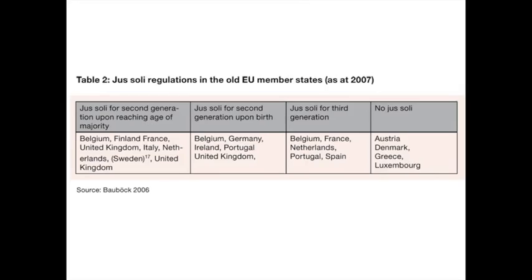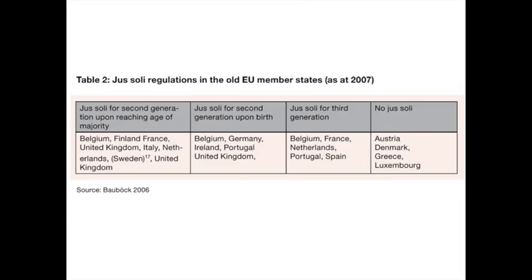In other words, if you have undocumented non-citizens or undocumented persons who give birth on French soil in the United Kingdom, their immediate children do not become citizens, but their children's children may become citizens. So it's a compromise between a pure jus soli rule and a pure jus sanguinis. The idea is to recognize a sense of justice or a sense of belonging for persons who are long-term residents of those countries but are not yet citizens.